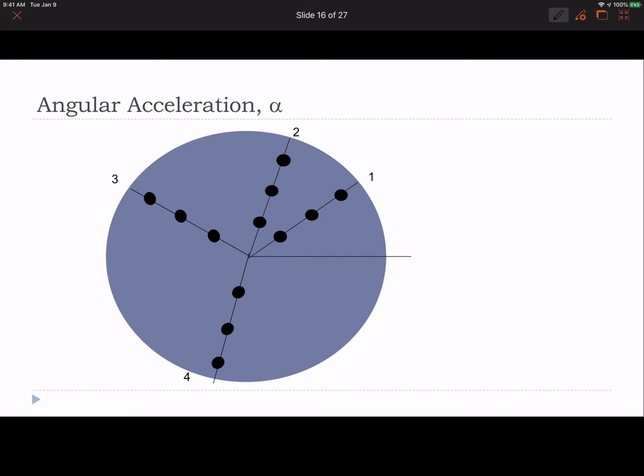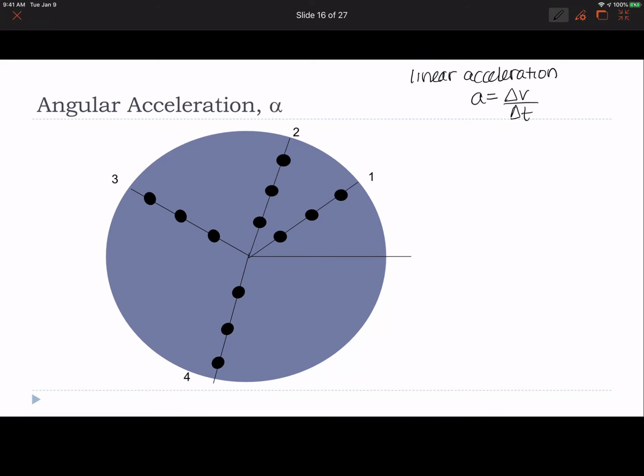Finally, we can also have angular acceleration. If we go back to our linear acceleration, the linear acceleration is a measure of the change in the velocity over the change in time. So if the motion is not uniform, if it's not moving at a constant speed, speeding up, slowing down, changing direction, then we have acceleration.